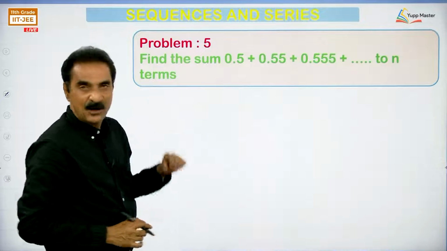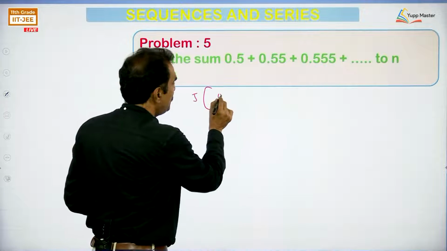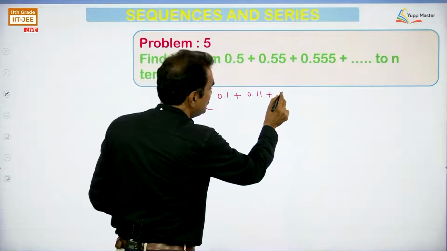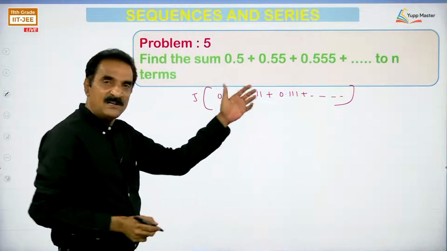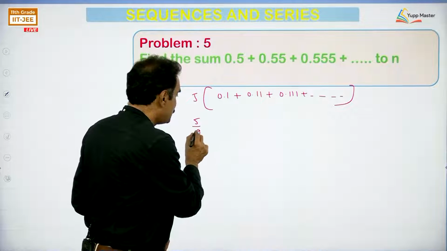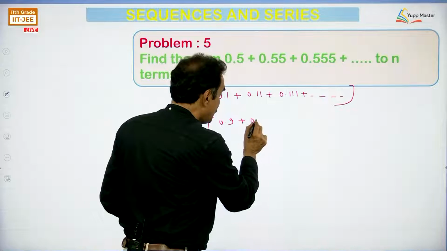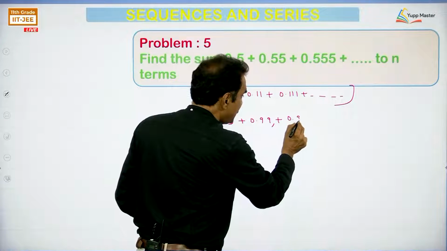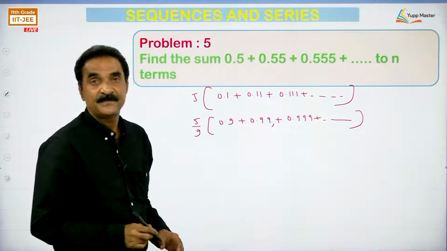First we take 5 common, you will get 0.1 plus 0.11 plus 0.111 and so on. Multiply by 9 and divide by 9. 5 by 9 into, you will get 0.9 plus 0.99 plus 0.999 and so on for n terms.